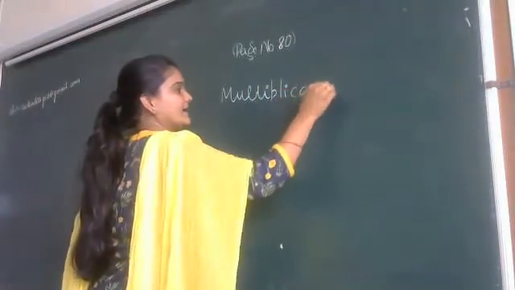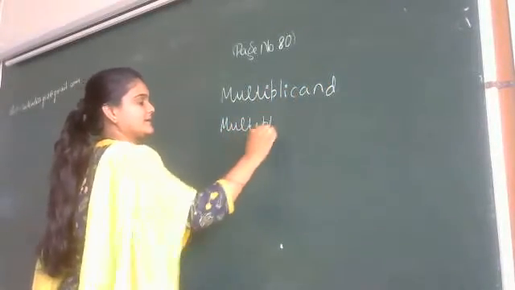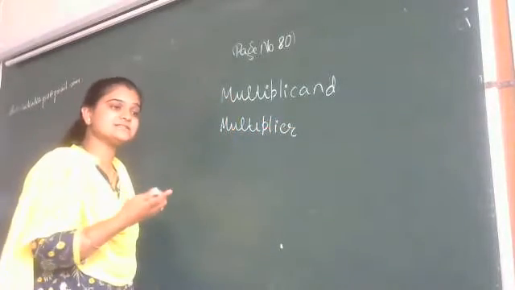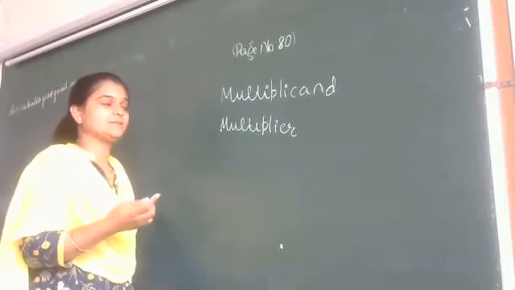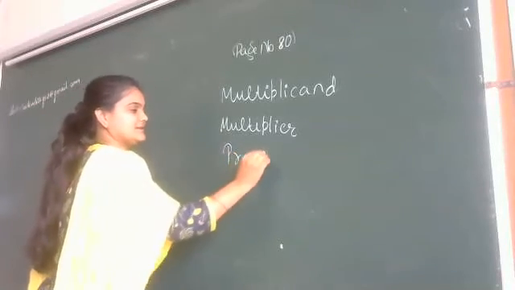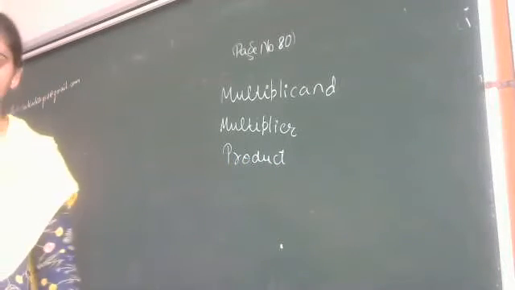Multiplicand, multiplier, and after multiplying these two numbers, what is the answer we get? Product. Yes. The answer we get after multiplication is known as product.